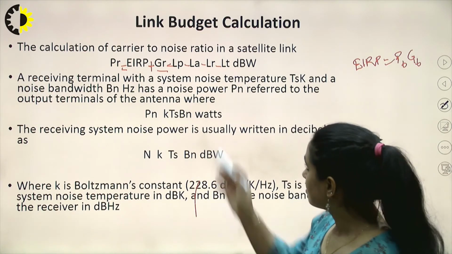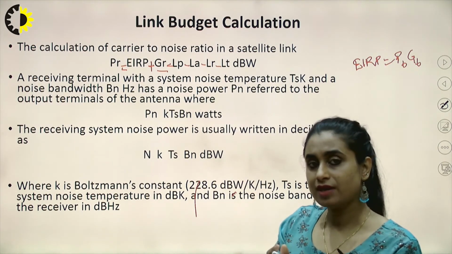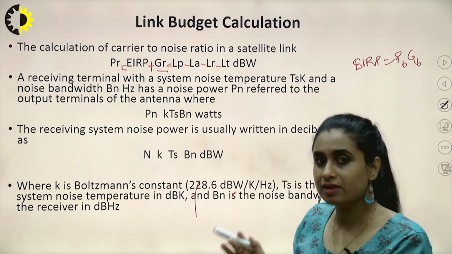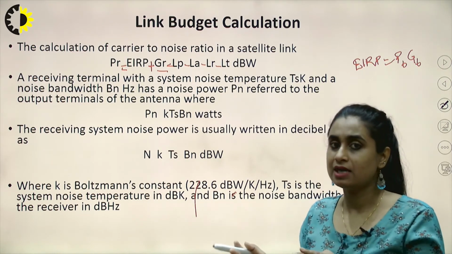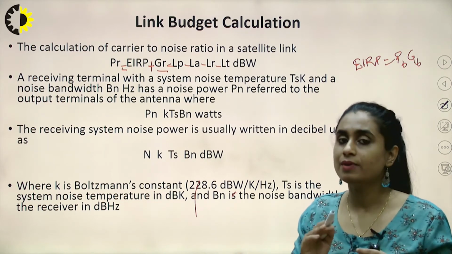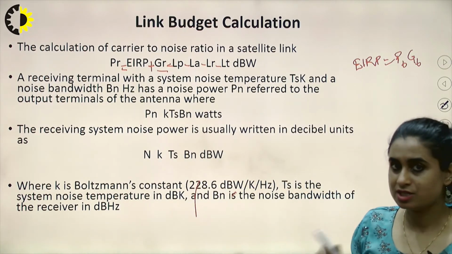So this was the expression which we came up with in our previous lecture, that is, total link budget calculation can be given in terms of transmitted and received power, how my received power is related to the transmitted power. This equation expresses that.